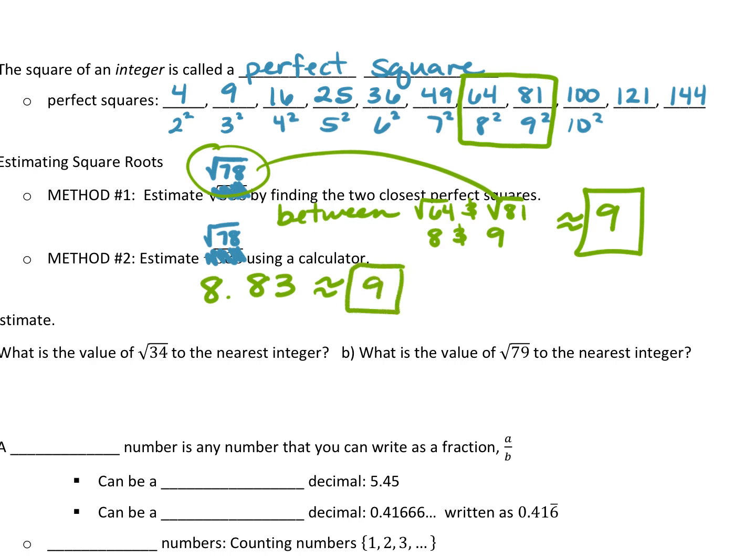So notice we get the same answer whichever method we choose, but you should be able to do both methods for me, okay? I think I put a question on your quiz that said, show your work. So that means don't just plug it into the calculator. I want to see which two you were between, and give me that number.